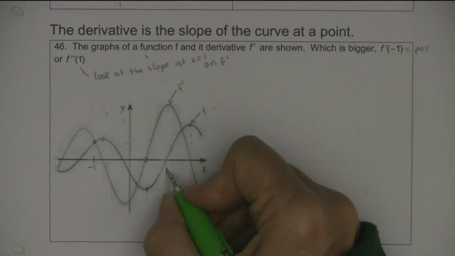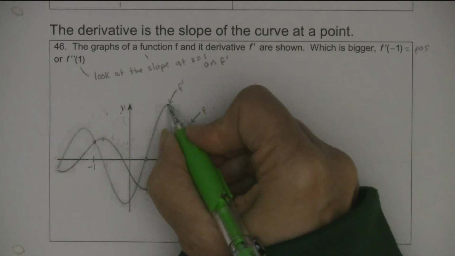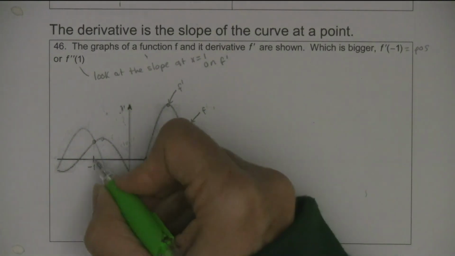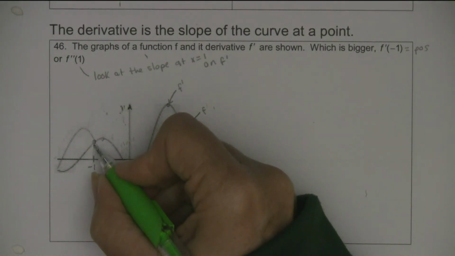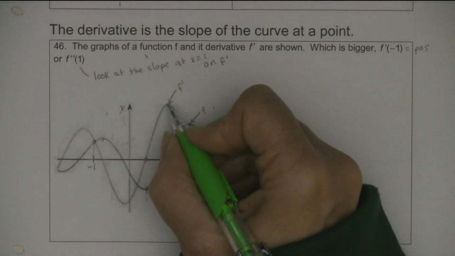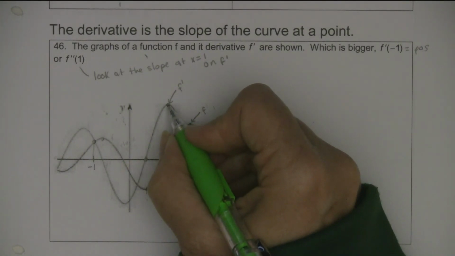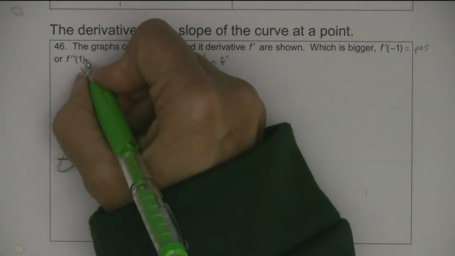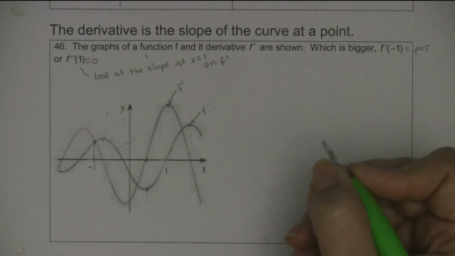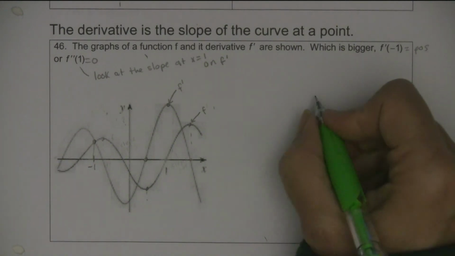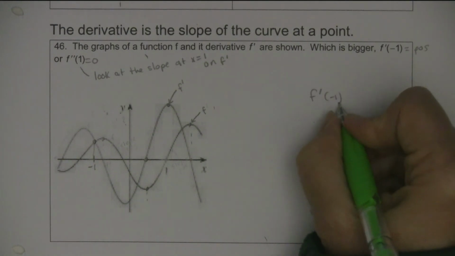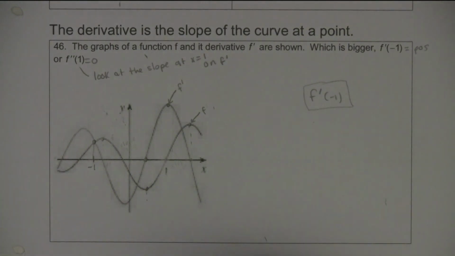Here I am at x is 1, and I want to look at the slope. Here I was looking at f prime at -1, so I was looking at what the y value is. But because it's double prime, I'm looking at the slope there, and the slope clearly is 0. And they asked which one's bigger, so I know that f prime at -1 has to be bigger. And so that's kind of that story.